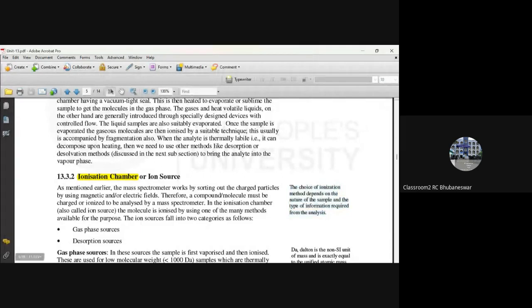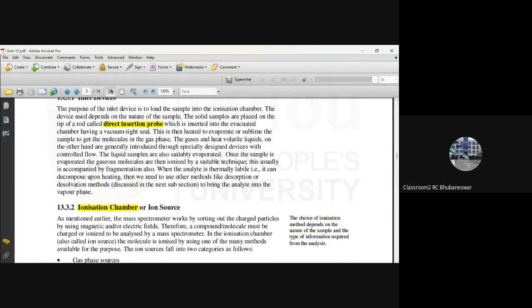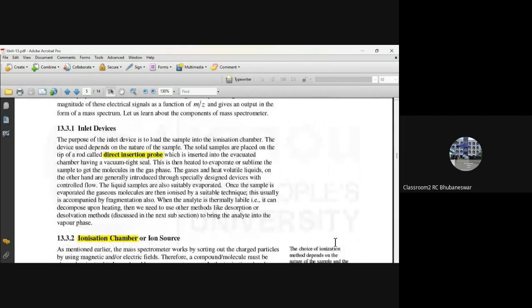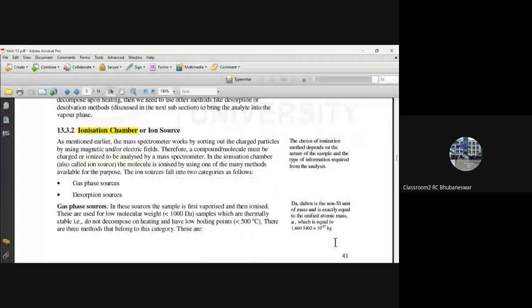Here we have gas phase sources and desorption sources also. After the ionization chamber you have your mass analyzer, which sorts the ions, and then you will have detection of ions. Subsequently you will have signal processing.